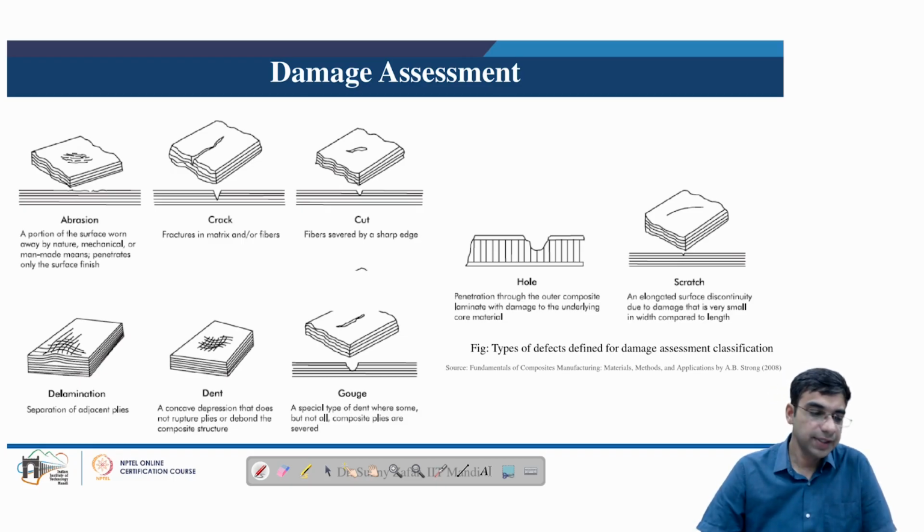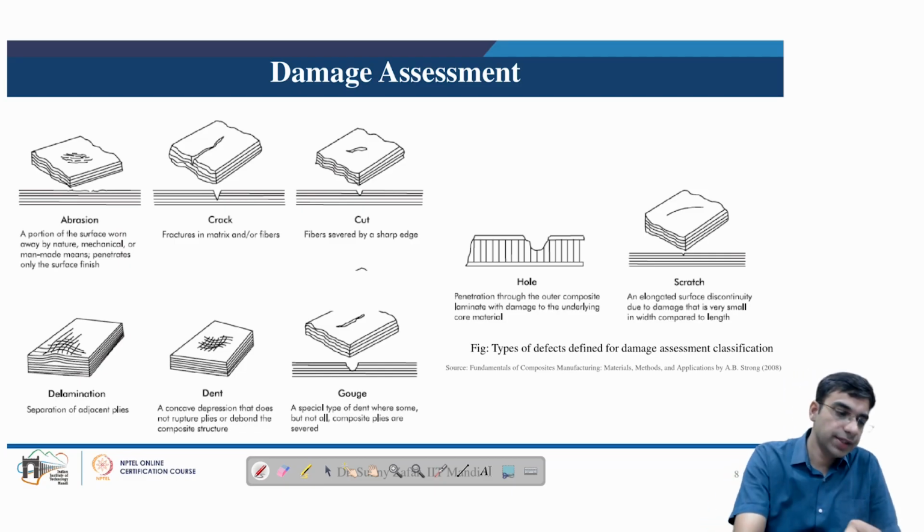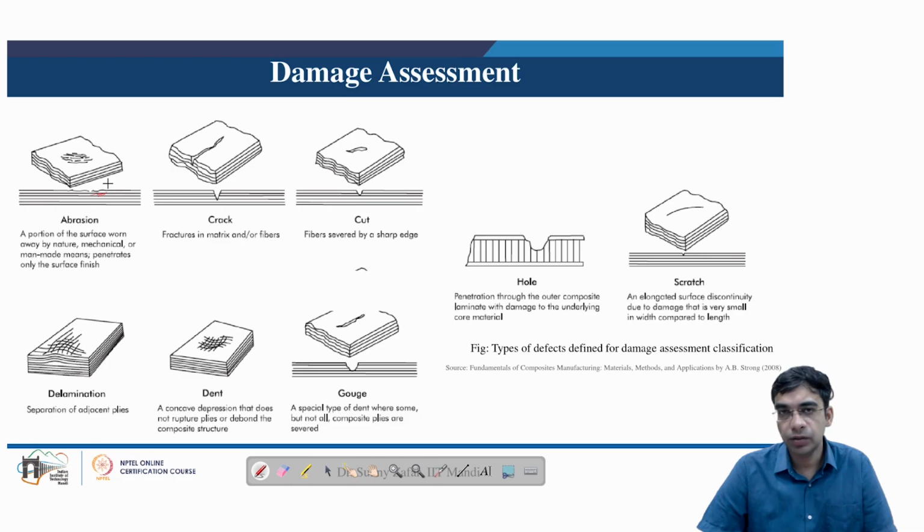Abrasion is basically the phenomenon in which a portion of the surface is worn away by natural, mechanical, or man-made means, and this may lead to penetration only of the surface finish. In the cross section of the abrasion, we can see that only the surface or slightly the subsurface of the part on the wind turbine is damaged.